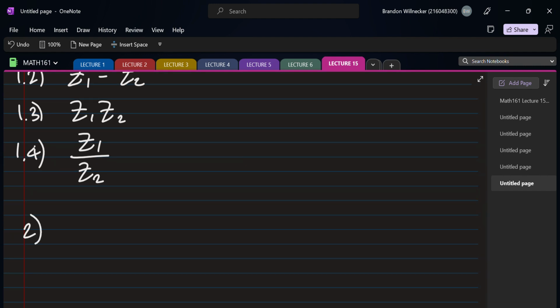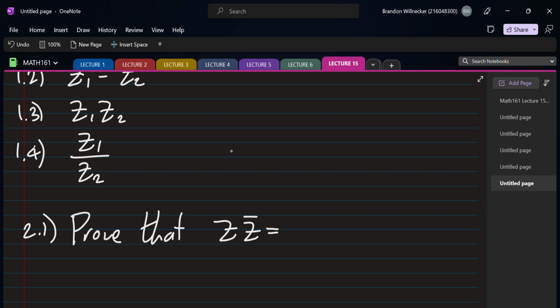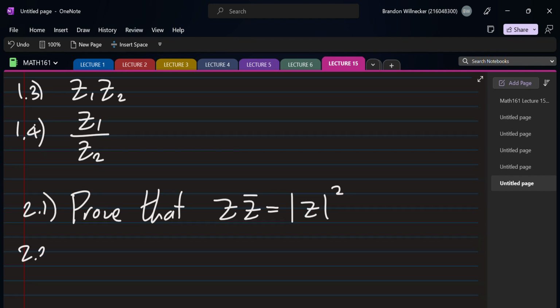Part 2. 2.1. Just a couple of proofs. Prove that Z times Z bar is the norm of Z squared. 2.2.